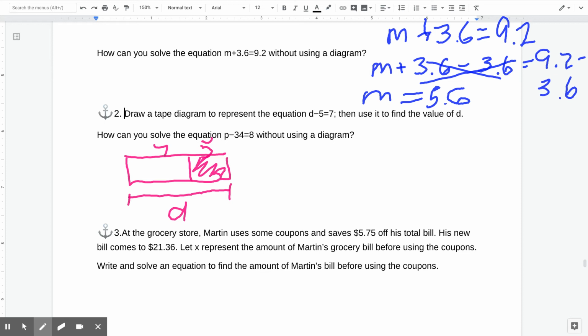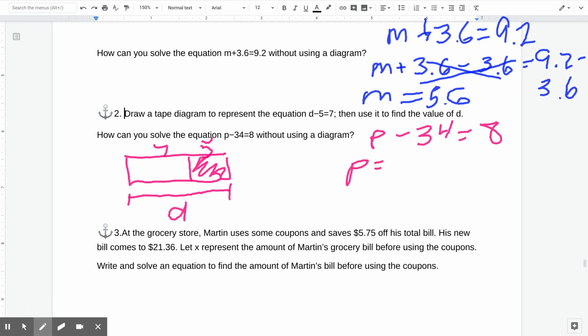So in the same way, P minus 34 equals 8. I'm going to write it out in the appropriate format. Minus 34 equals 8. So in the other side, I had to add 5 in order to get just D. Now I'm going to need to add 34.